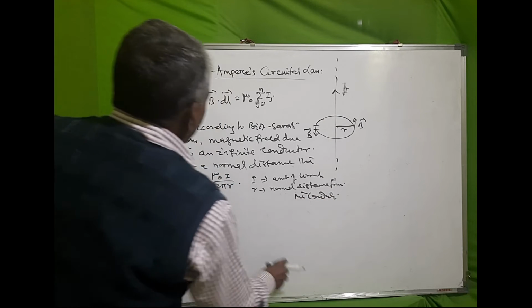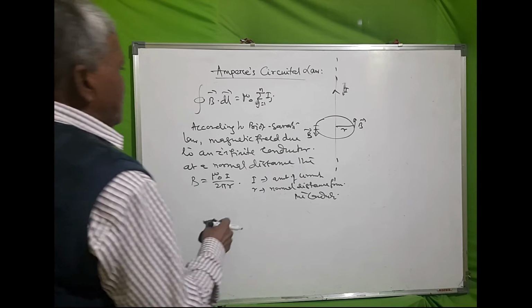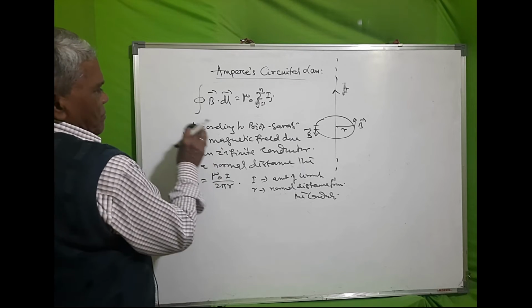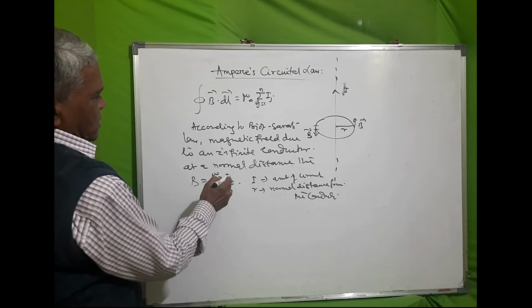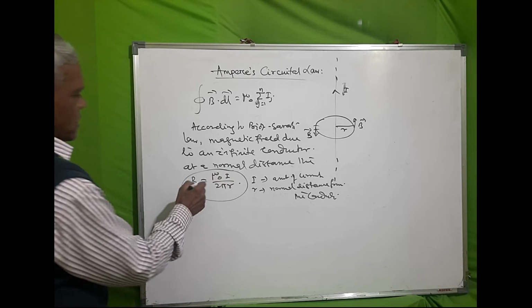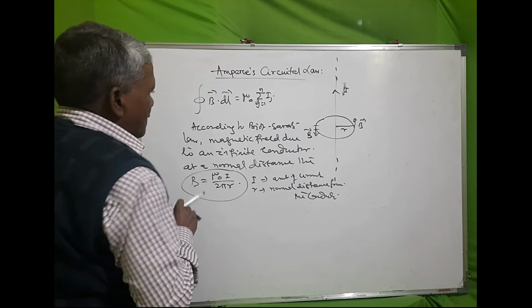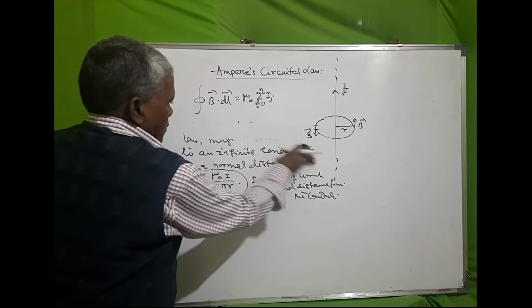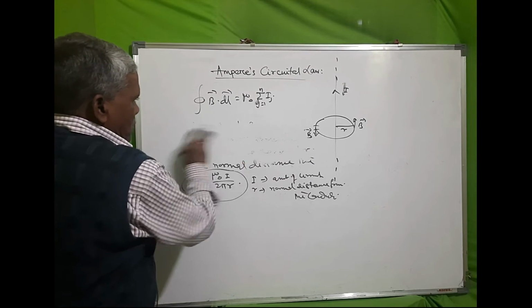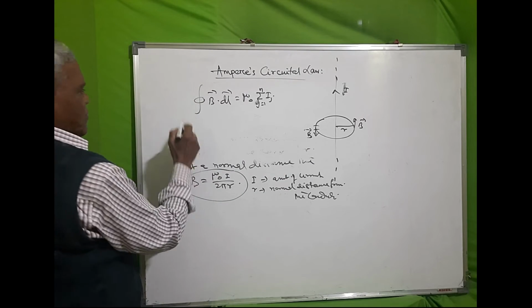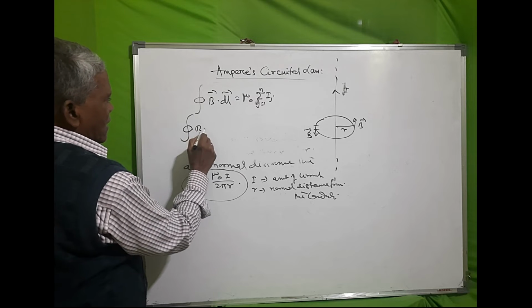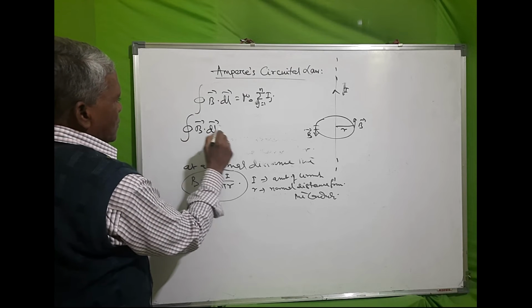So Ampere's circuital law can be proved with the application of Biot-Savart's law. If we start from the integral of B dot dl, we can write it like this.